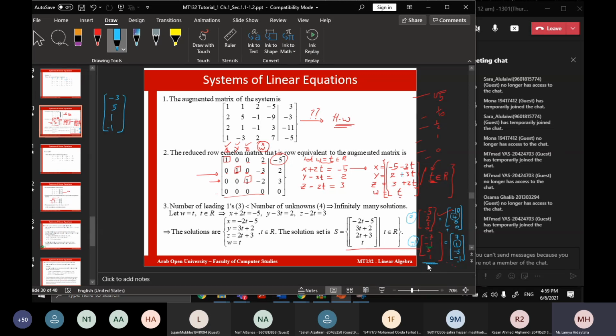But when you substitute t by 1: minus 5 minus 2 is minus 7. 2 plus 3 is 5. The second one also, 3 plus 2 is 5, and then this is 1. So minus 7, 5, 5, and 1.